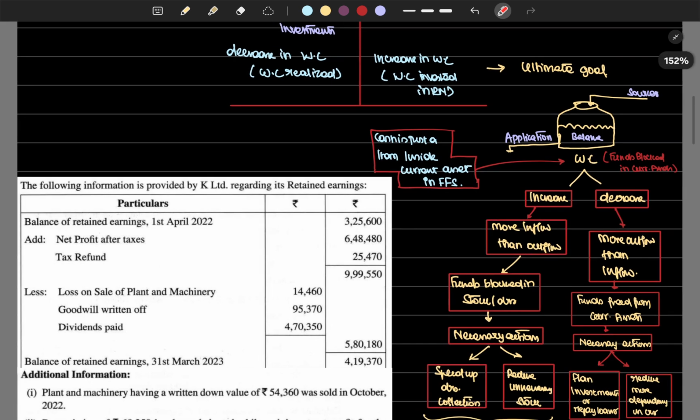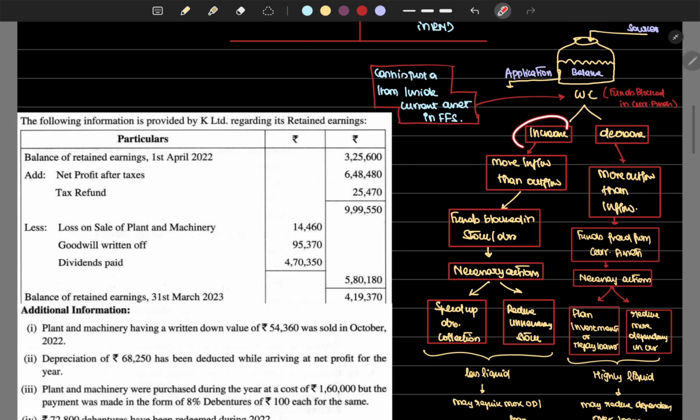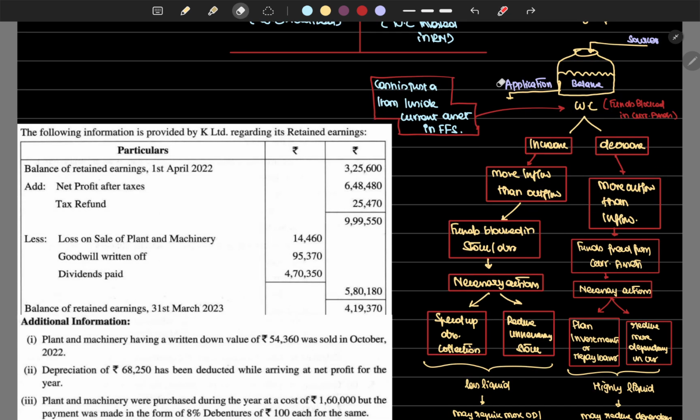So this is where the importance of the fund flow statement arises. If the working capital is increased in the business, there is more inflow than outflow. What does this denote? We are inflowing a lot of money into the business, but the application of money is very less.